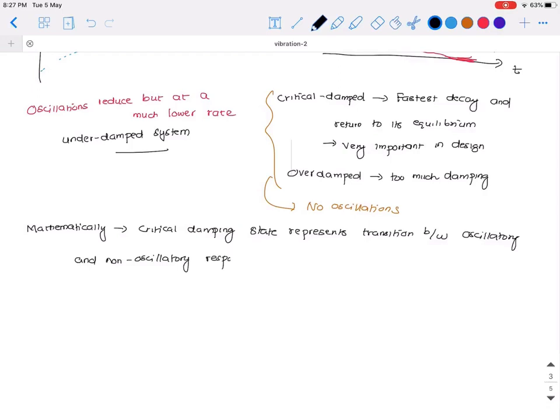Okay, so critical damping is like a kind of boundary that separates oscillatory and non-oscillatory responses.